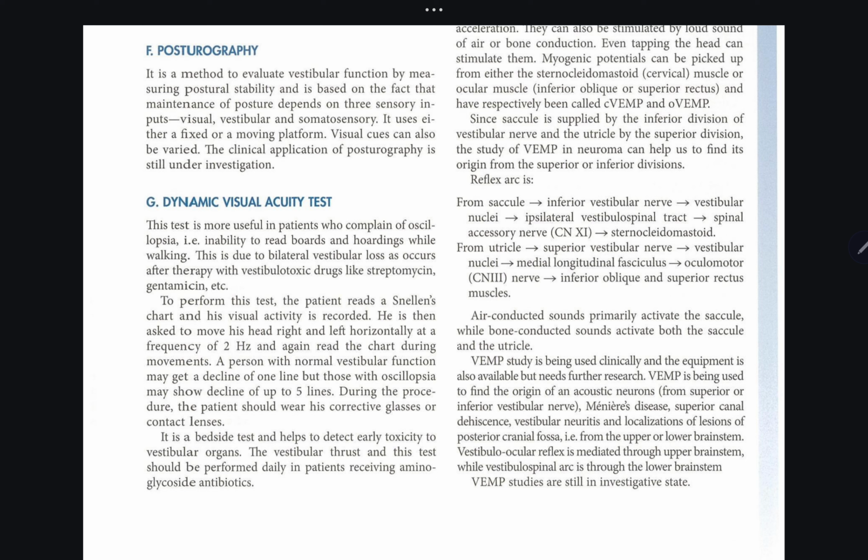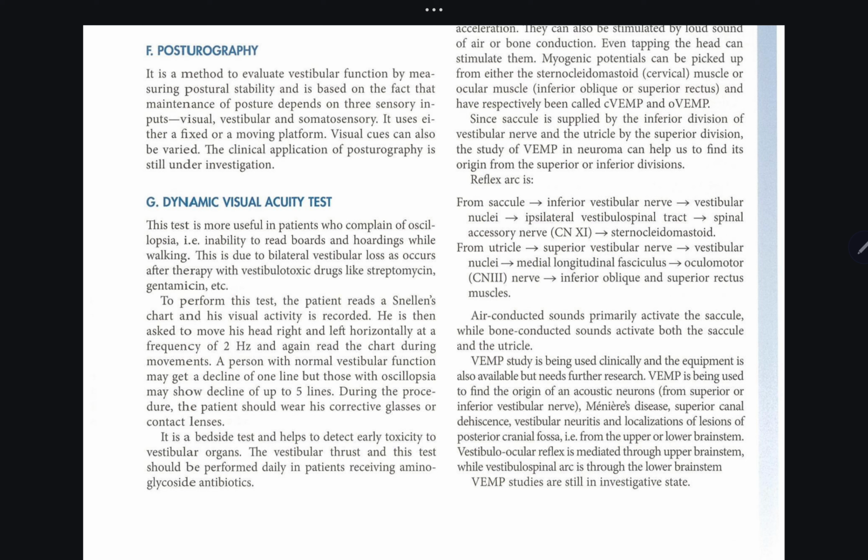Dynamic visual acuity test. This test is more useful in patients who complain of oscillopsia, that is, inability to read boards and hoardings while walking. This is due to bilateral vestibular loss as occurs after therapy with vestibulotoxic drugs like streptomycin, gentamicin, etc. To perform this test, the patient reads a Snellen's chart and his visual acuity is recorded.